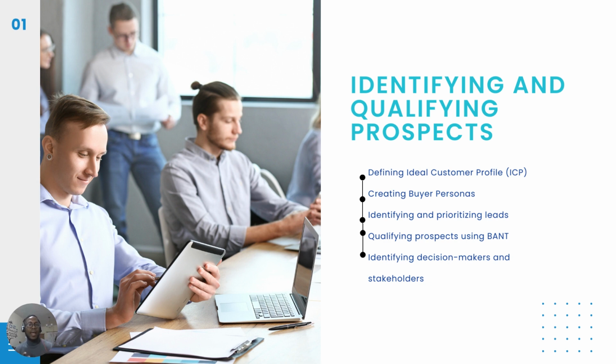And then we want to prioritize those leads once they start to come in. We want to use the BANT formula to qualify those leads as we get them as well, and then identify the decision makers and stakeholders, so that when we're targeting these persons, they are the persons that can make the decisions. These are the persons that can say yes or no to a particular sale.